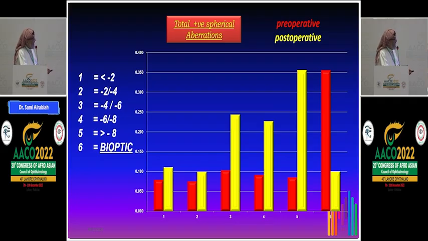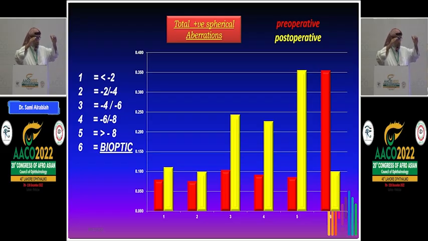Now, total positive spherical aberration. What is positive? You remember we said positive spherical aberration. If all the light goes to the retina, it is 0. But if it goes in front of the retina, it is positive spherical aberration. And all the myopic treatment causes the Q value to become like a knee. And this will bring it to the plus.